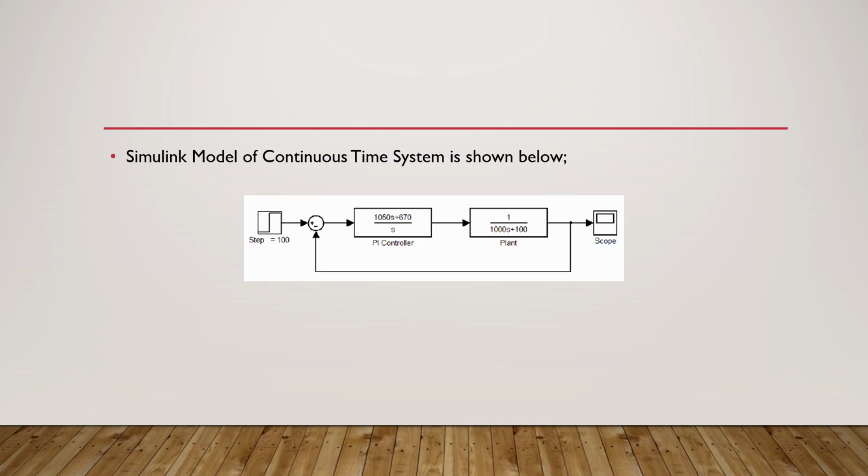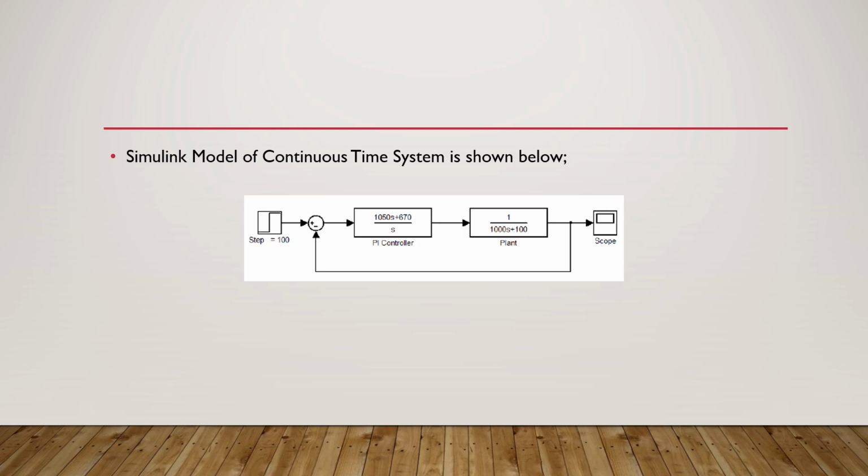Then we pick the transfer function block, and we can rewrite its name here. The transfer function block is placed, and then we put in the numerator and denominator values. Then we pick the scope block.